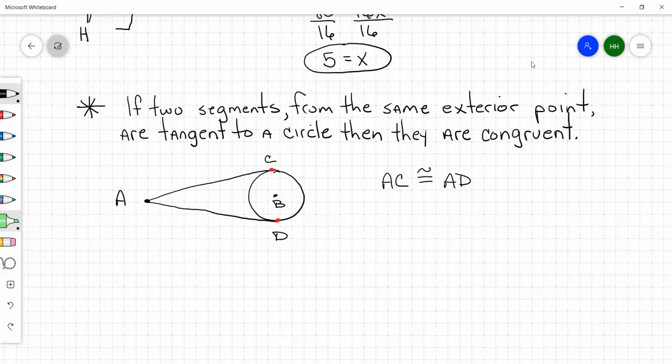Let's make it 2x plus 9. Let's make A to D 3x plus 6. Let's make the question find the length of segment AD.